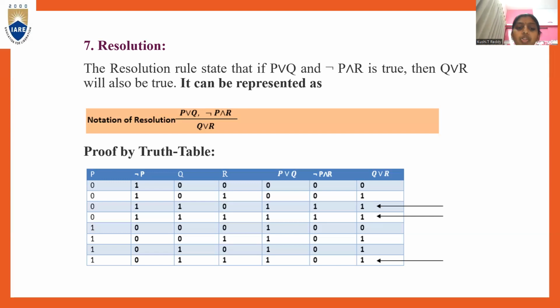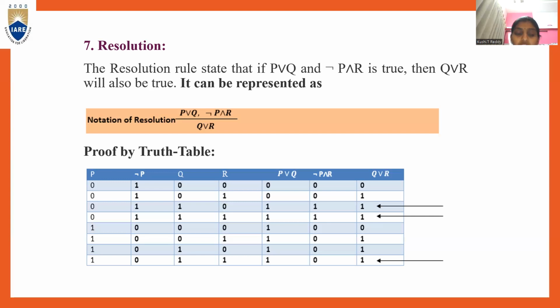When P is 0, Q is 1 and R is 0, then P or Q becomes 1, negation P or R becomes 1, and Q or R also becomes 1. When P is 0, Q is 1 and R is also 1, then all the 3 conditions will also be 1. When P is 1 and Q is 0 and R is 0, then P or Q is 1 and rest 2 conditions are 0.